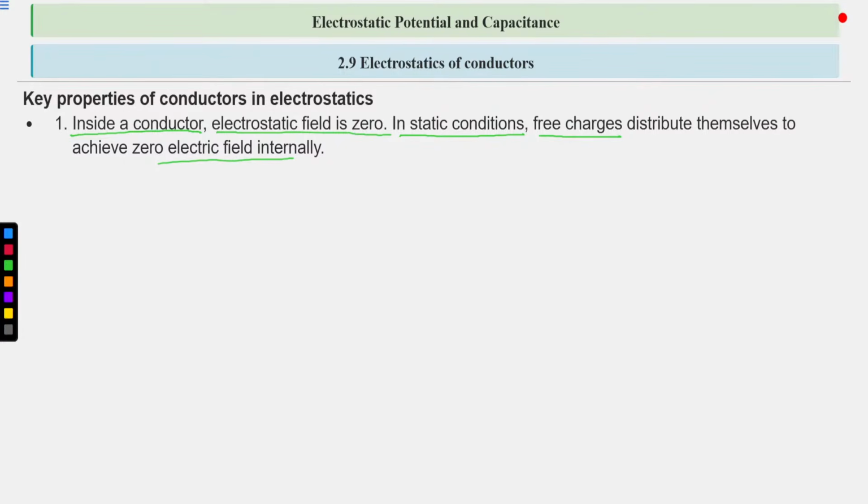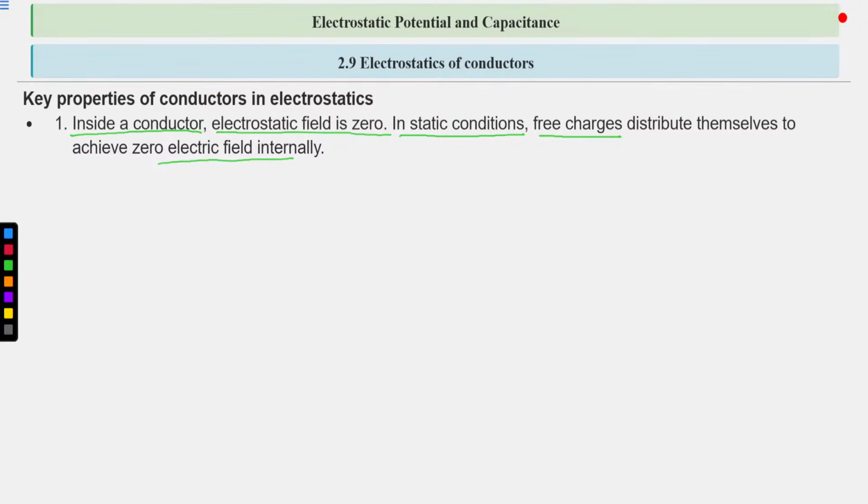Now in a conductor, what is static condition? Static condition is when all the charges are stationary. They are not moving. They are not producing any current. So in static condition, free charges distribute themselves to achieve 0 electric field internally.